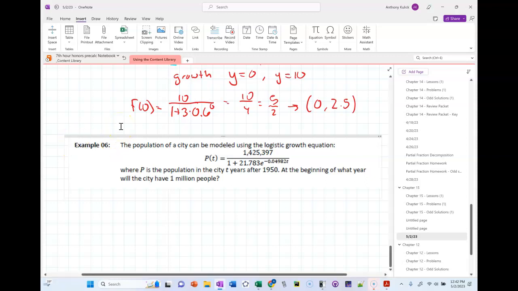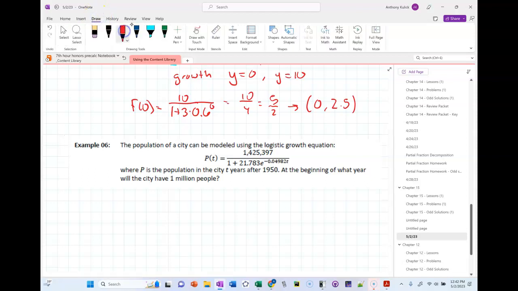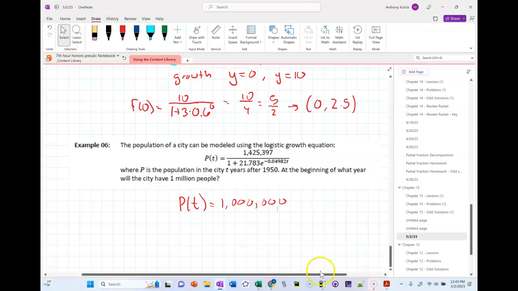At the beginning of what year will the population be 1 million? So what we really want to do is solve P of t equal to 1 million, right? Everybody's cool? Okay. Well, that's easy enough.